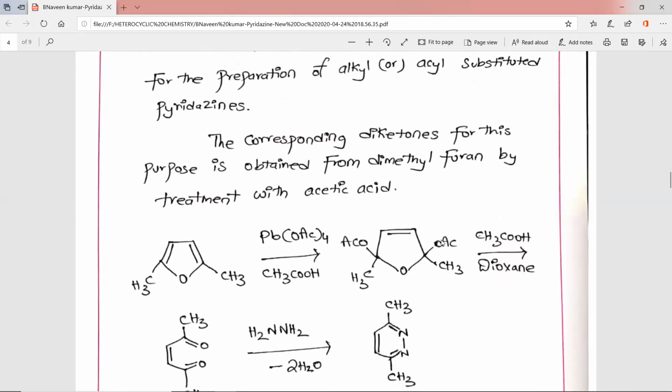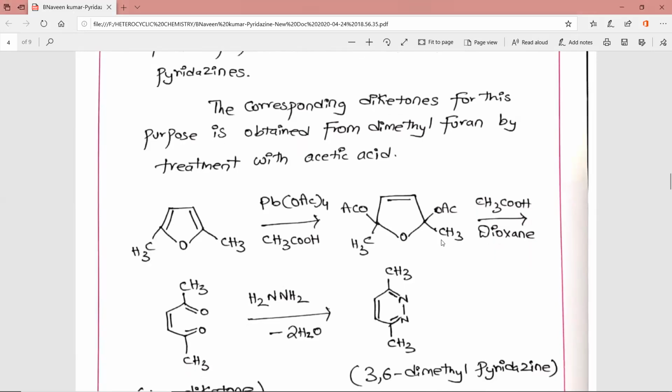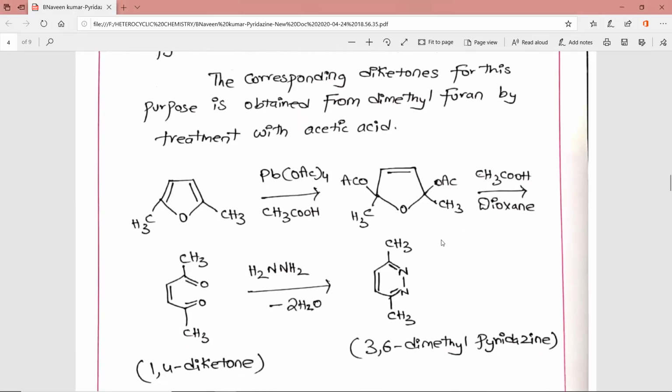The 1,4-dicarbonyl compound itself is formed from 2,5-dimethyl furan. So this 1,4-diketone is produced from the 2,5-dimethyl furan by treatment with lead tetraacetate followed by treatment with acetic acid to form a 1,4-diketone.